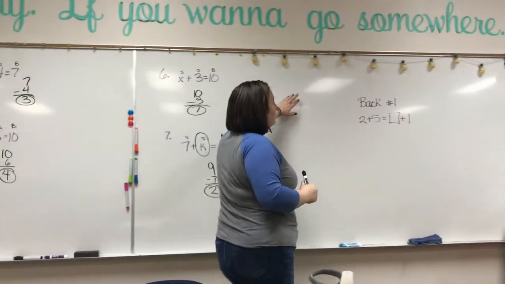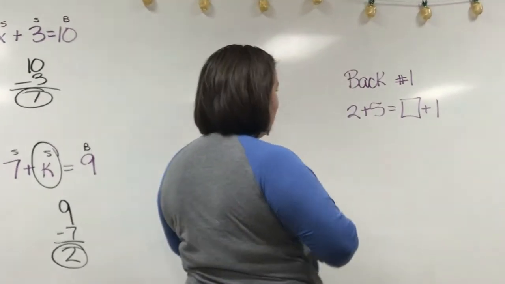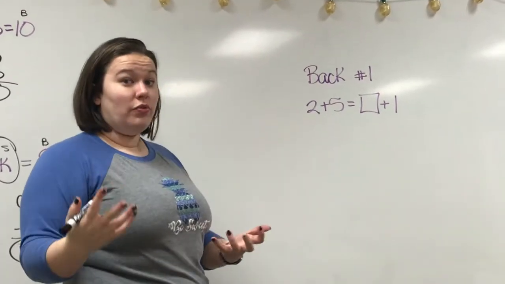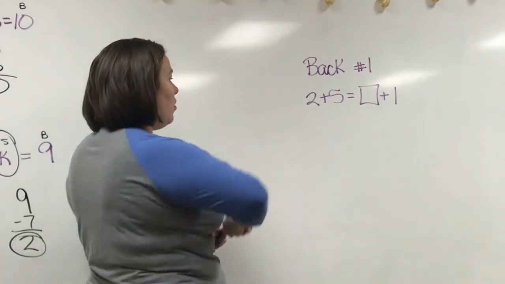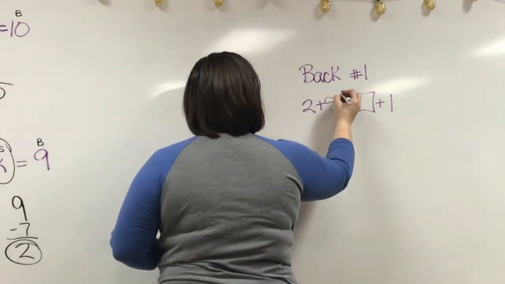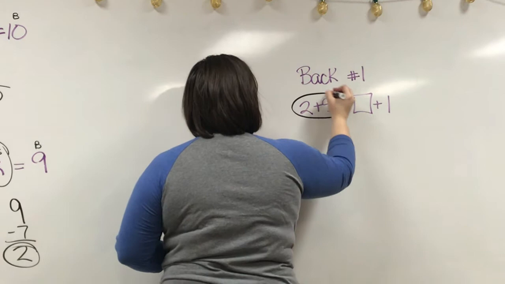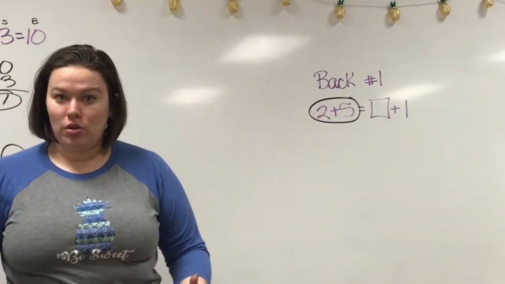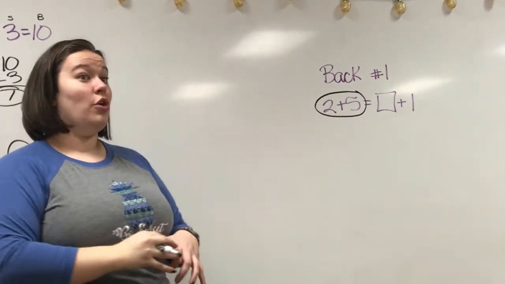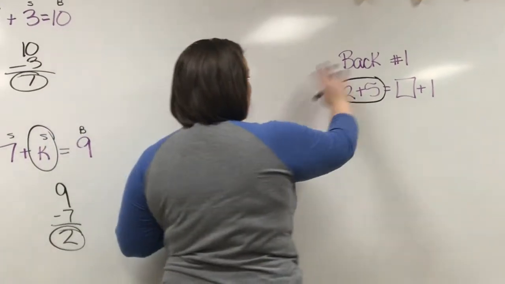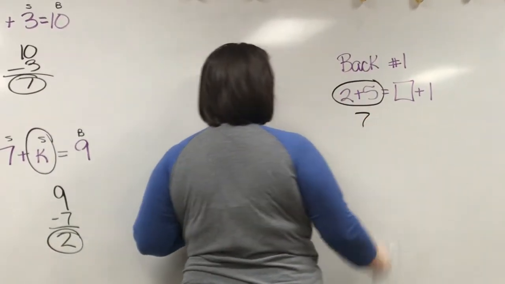Okay, so this is question 1 on the back. 1/2 of the equal sign is filled out. So I want you to first circle the side that is given to you, okay? Because those are the easy ones. Those are the ones that you can solve very easily. So this is going to be 7.